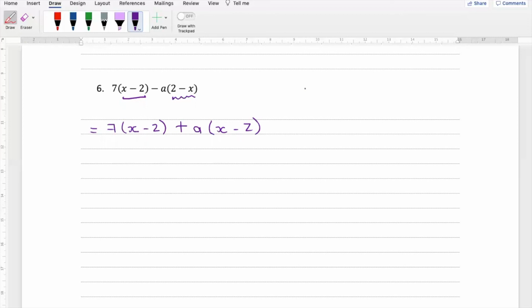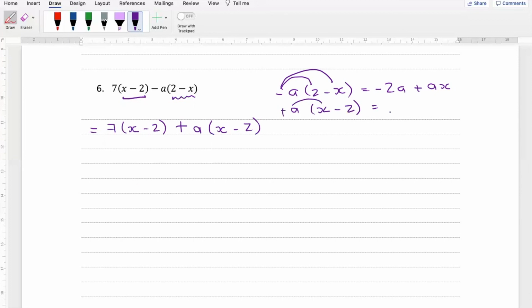Okay, now let's just quickly cover why this works. Well, if I multiply this out, I'm going to get negative a times 2 is going to be negative 2a. Negative a times negative x is going to give me positive ax. Now let's just check this new bit that we wrote because we're basically saying it's the same. So let's check if it is the same.